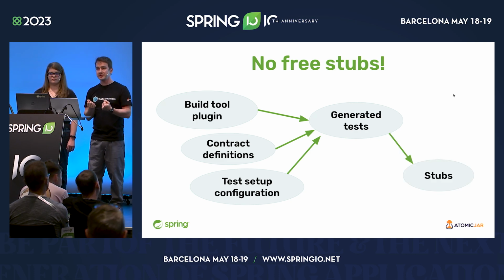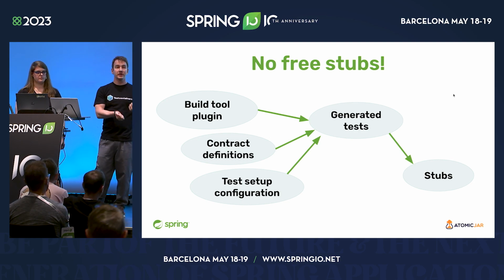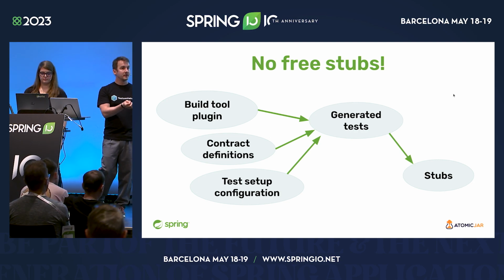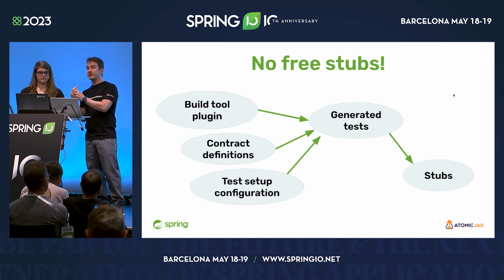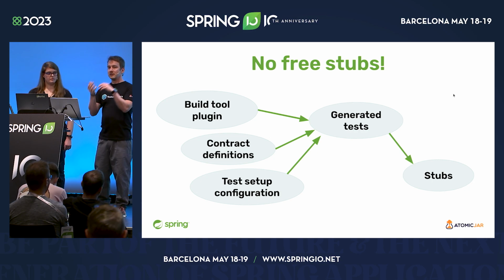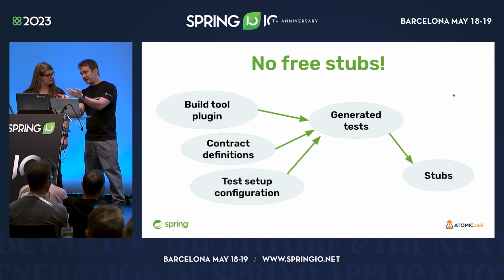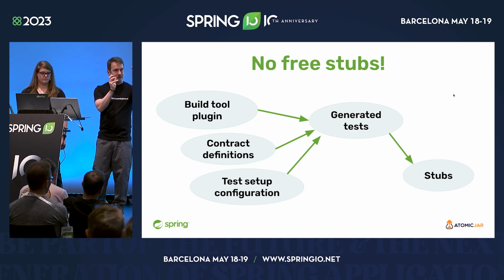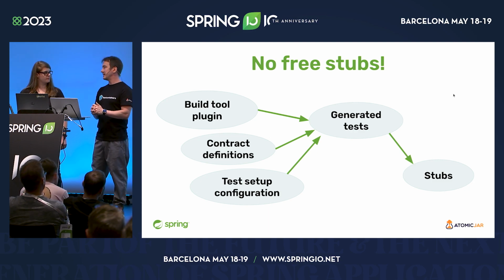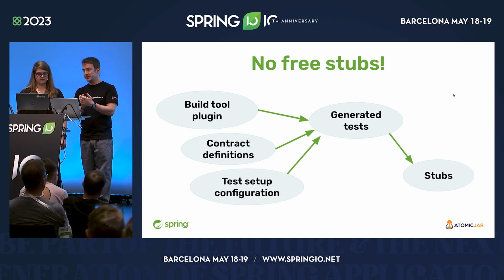You can use those stubs on the other side, on the consumer, to verify that the consumer works with the particular implementation of the producer. There are many moving parts, but you have the inputs, which is the configuration to fix the producer, and then the tests, and then the stubs.